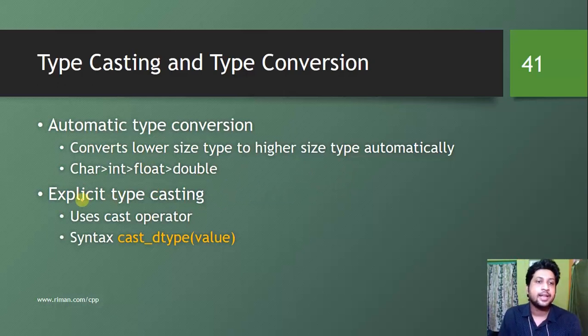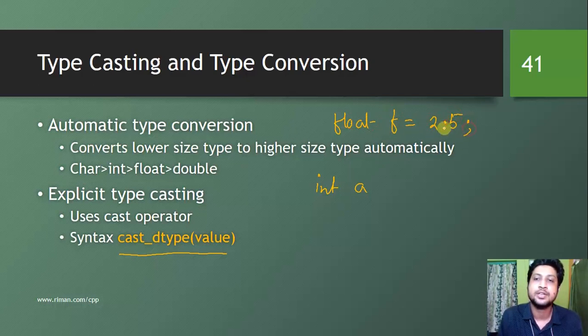Explicit typecasting is when the programmers explicitly cast the type using the cast data type and the value. Suppose we have a float value, float f is equal to 2.5, and we have int a is equal to f.